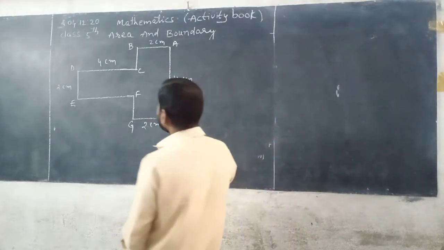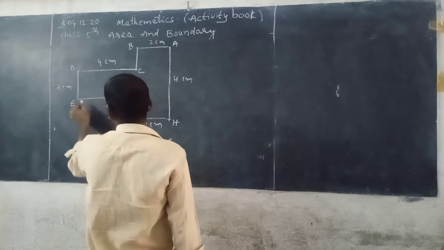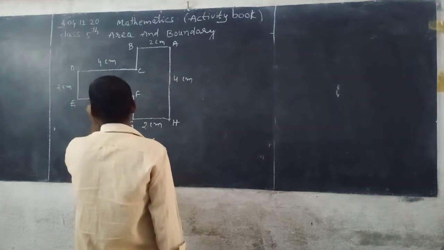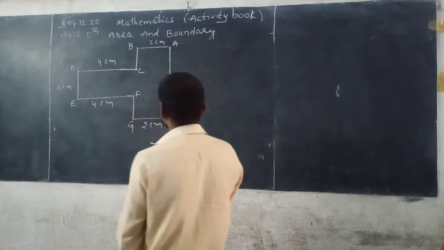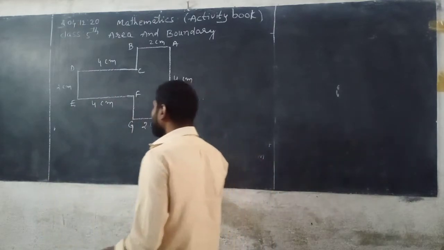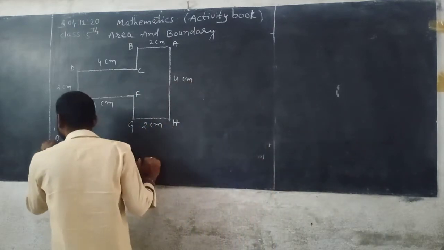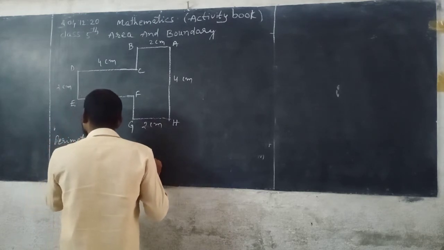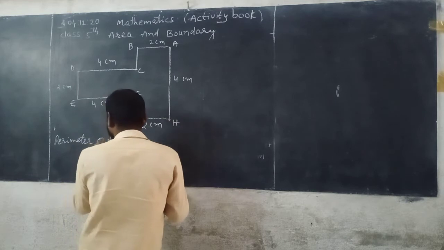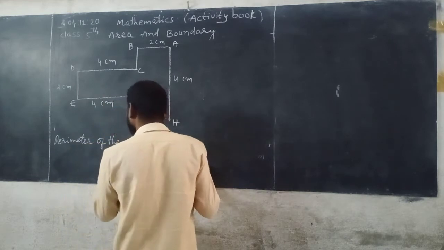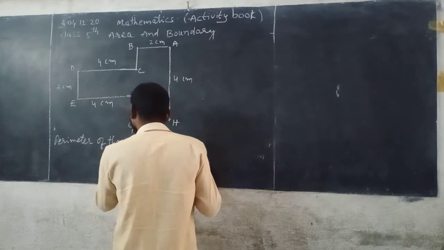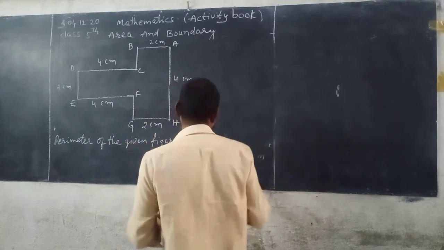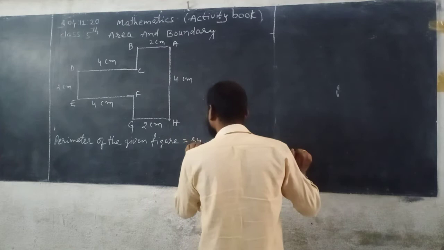Next, DC is parallel to EF. Then you can write EF is equal to 4 centimeter. Then we can find the perimeter of the given figure. That is equal to the sum of the sides.